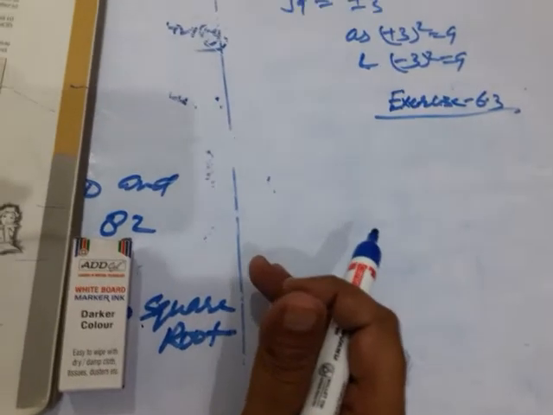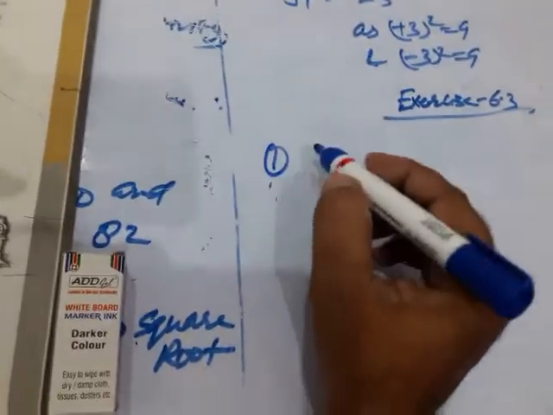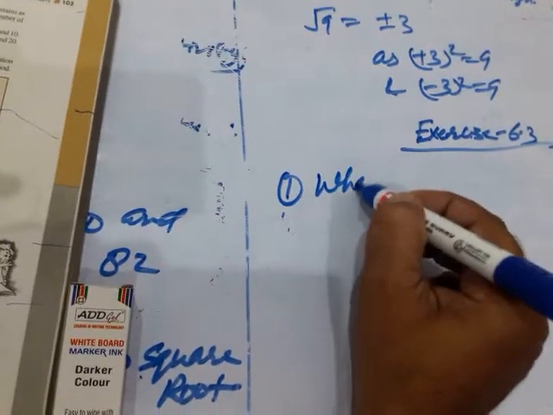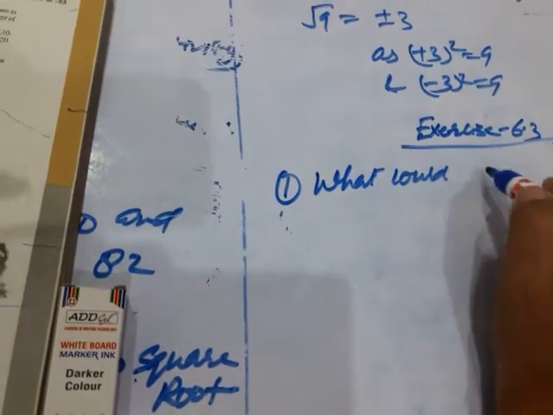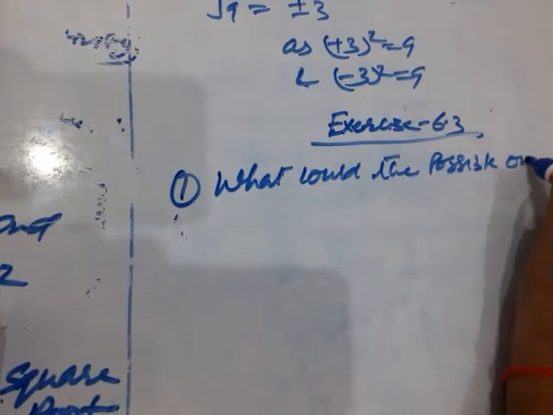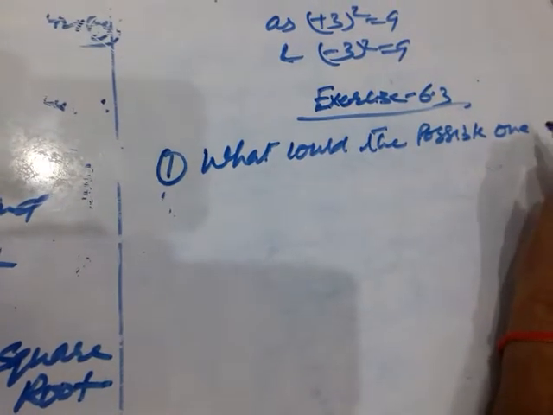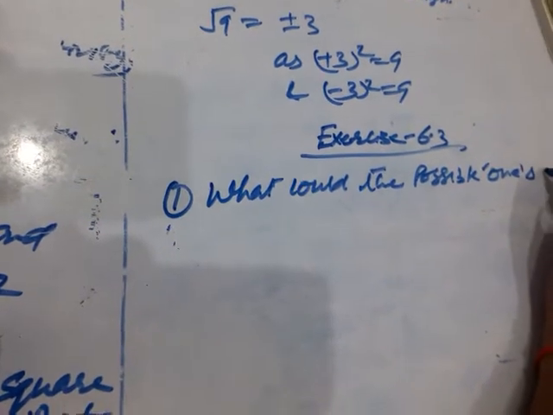What is this? What could be the possible ones digit? First question. What could be the possible ones digit? Possible ones digit means digit at one's place.